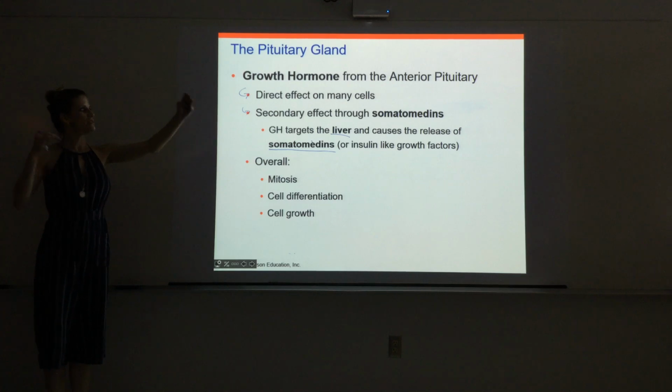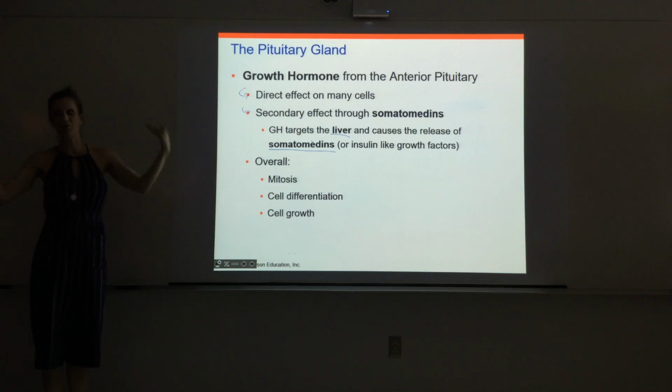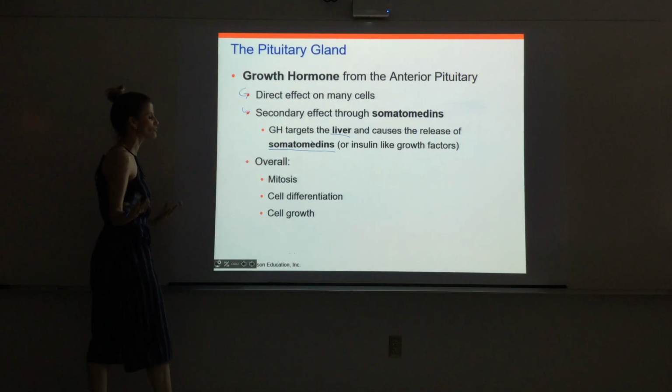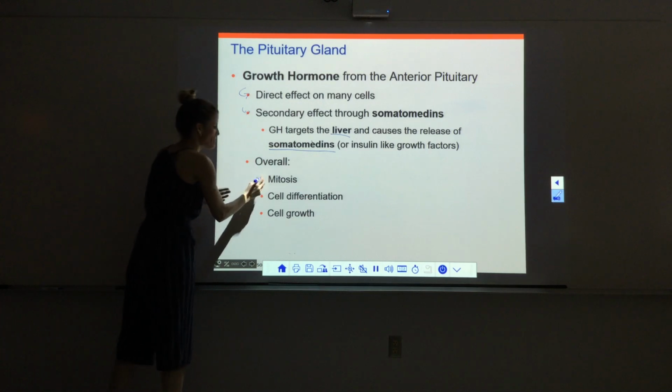Some texts will say that the effects of growth hormone are just amplified with the somatomedins. Some will say one works when sugar's high, one works when sugar's low, so that you can continue to grow regardless of the state of your sugar levels. But again, the end effect is that, between the somatomedins and the growth hormone, we stimulate mitosis.